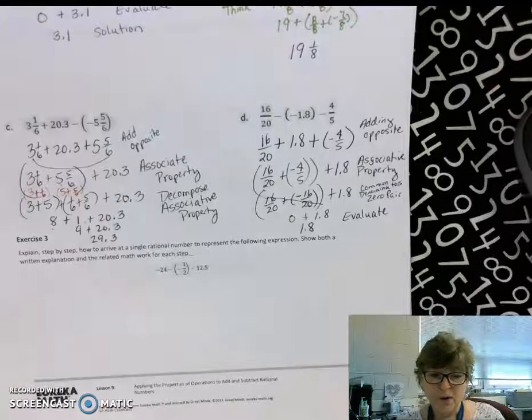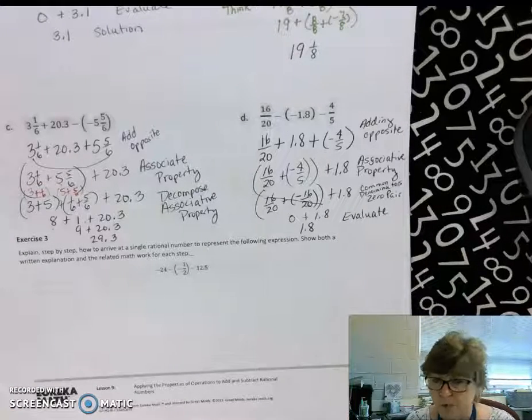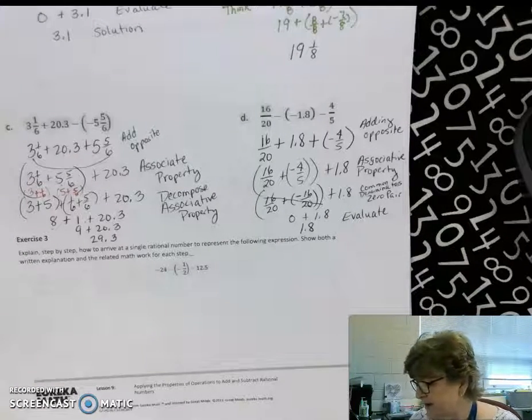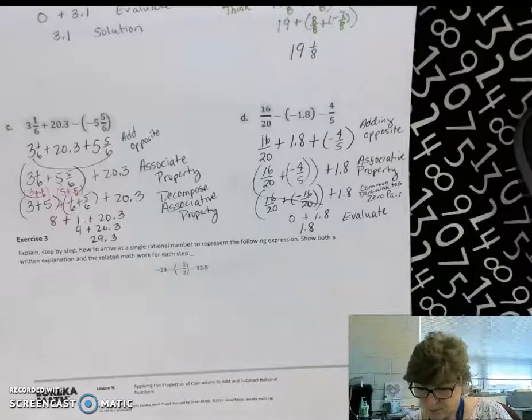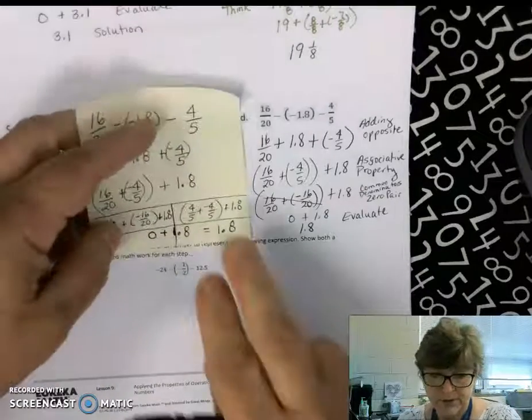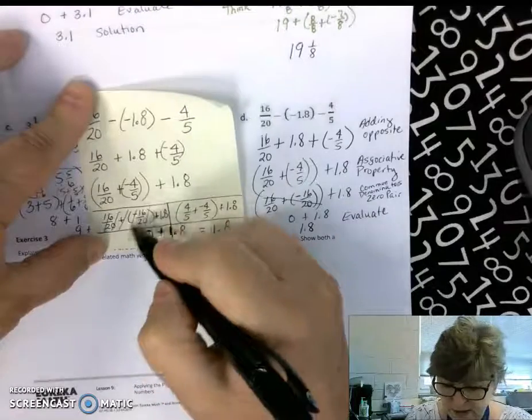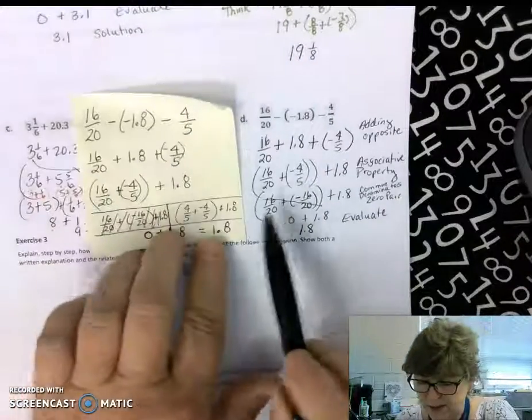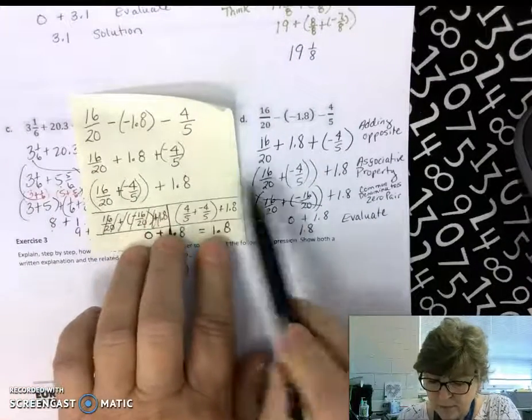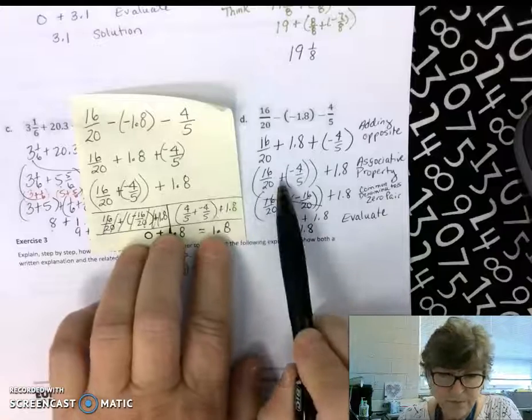Now, in that problem right there, there are multiple ways you could have done it, and I've made some notes here. I'm going to put this up here. I use this method here. I want you to notice that my step right here is identical.